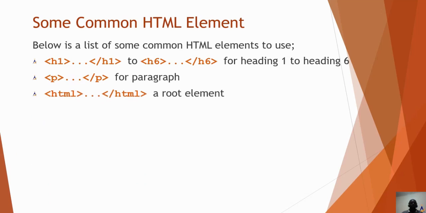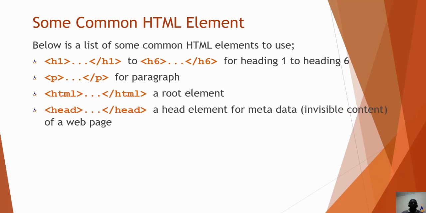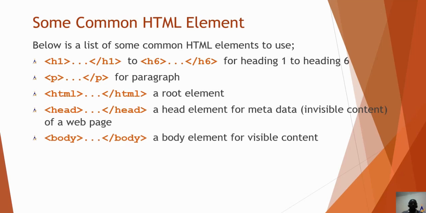Also, we have HTML as a root element, as we learned in the previous lesson, tutorial 1. We have the head tag defining invisible content of a web page, that is metadata of your web content. We have the body tag defining a section that contains visible content of your page.